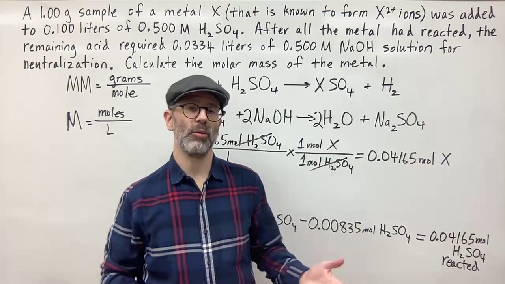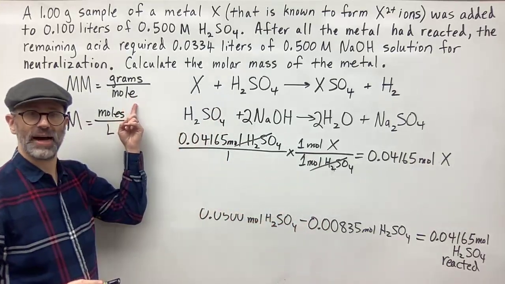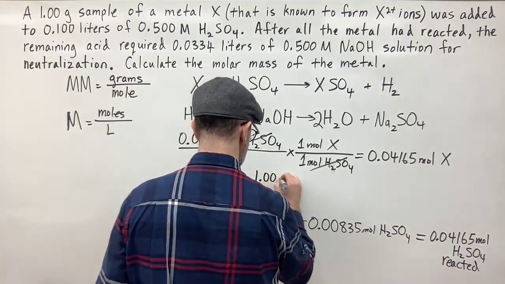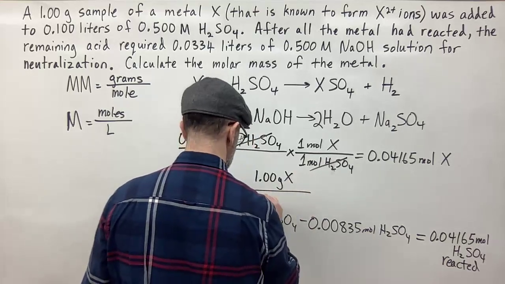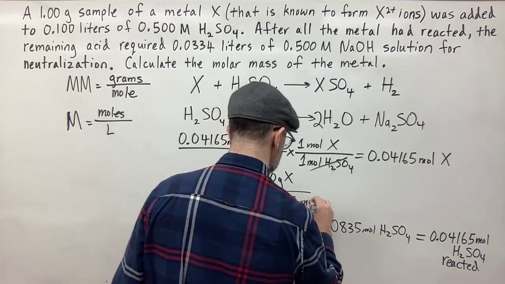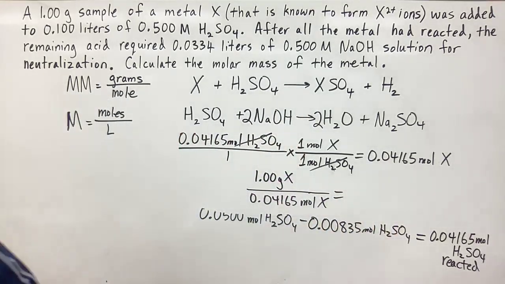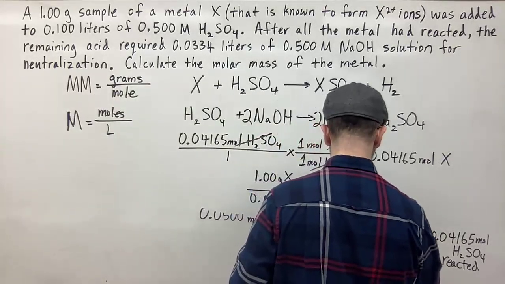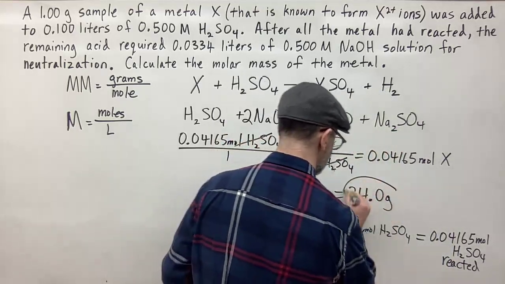So now that we have moles of X, we have the grams of X that we started with, 1.00 grams. So now all we need to do to find the molar mass is divide the grams by the moles. So I'm going to take 1.00 grams of X, divide that by 0.04165 moles of X. And when I divide that, I get 24.0 grams per mole.